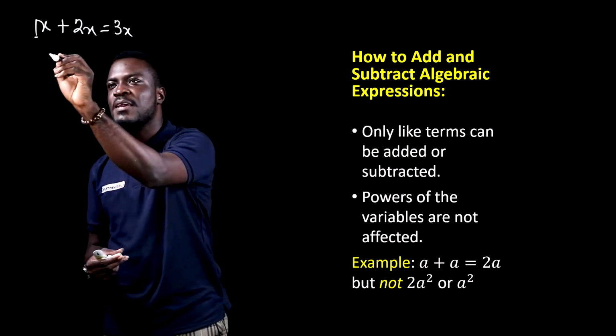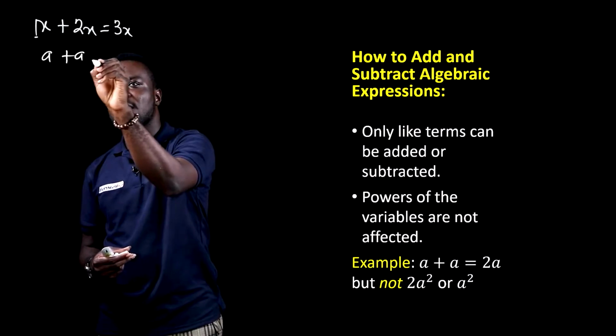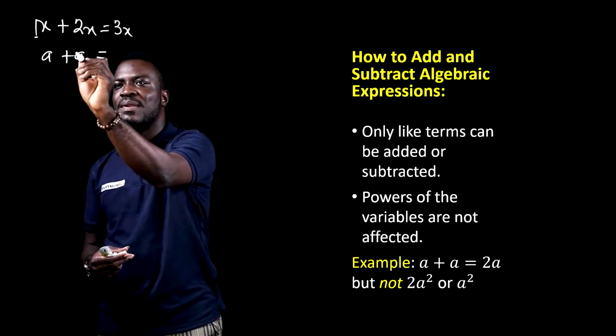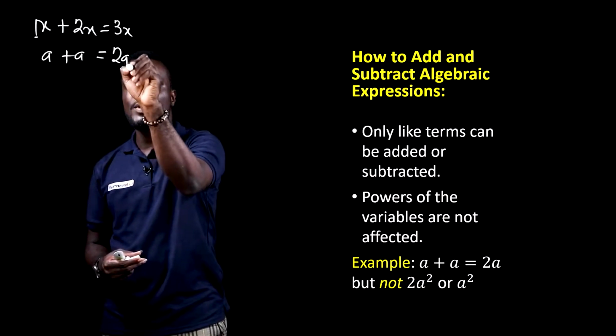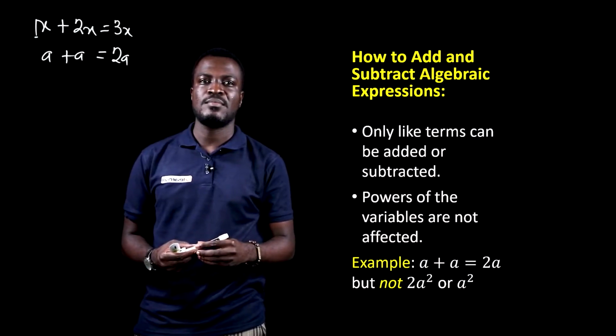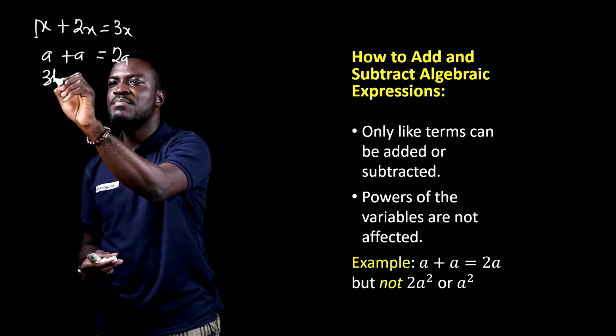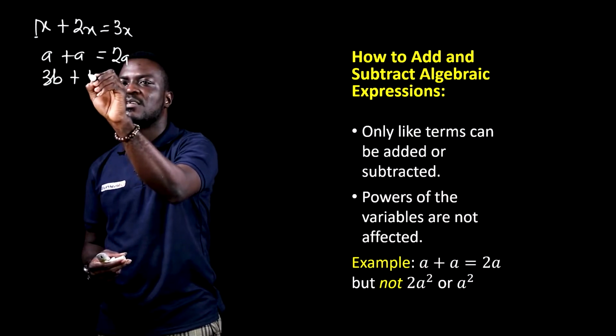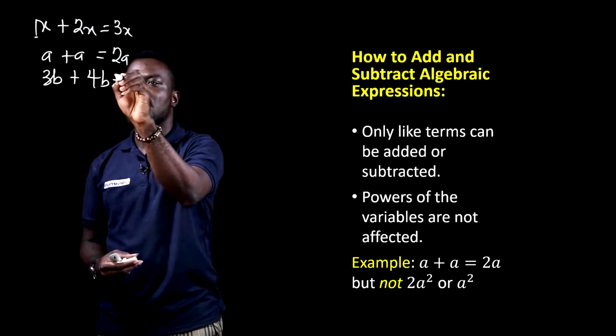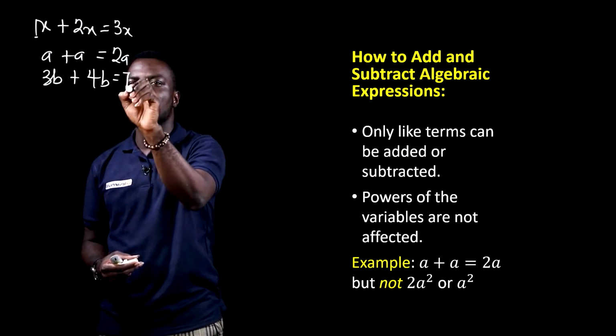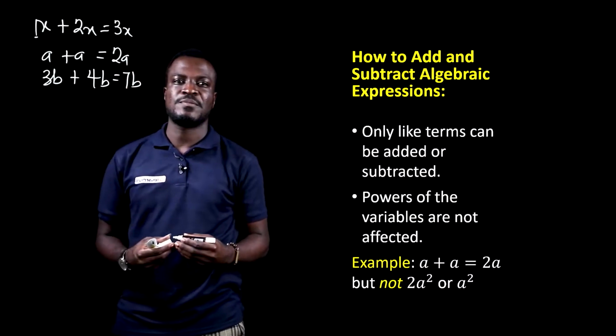So if you have a plus a, this is 1 plus 1. This is going to give us what? 2a. If you have 3b plus 4b, 3 plus 4 is 7, and then the b comes.